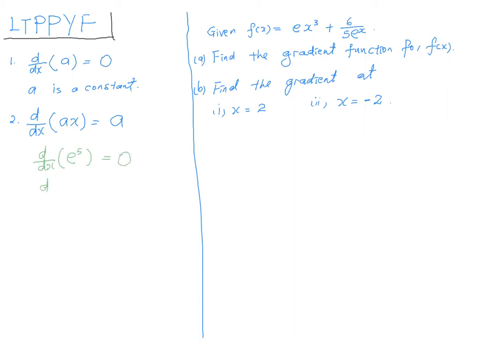Okay, if I have pi x, what is the rate of change of pi x? Pi. So this is using the first one. This one is using the second one, correct?